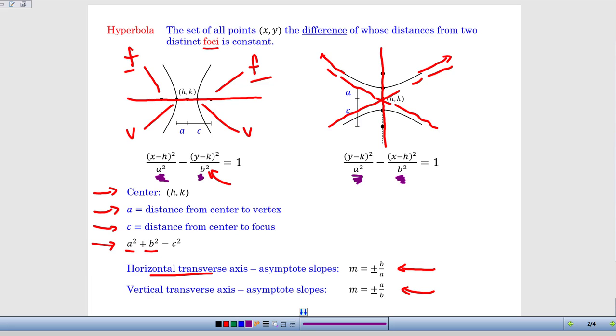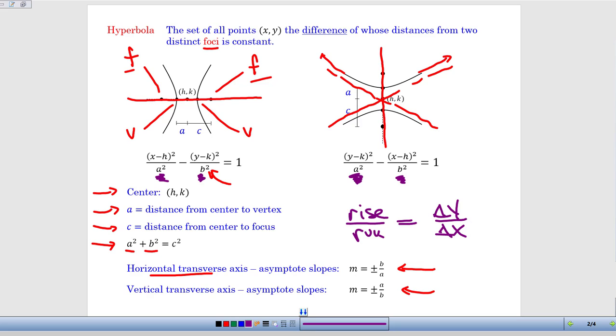And so the way I remember whether it's supposed to be b over a or a over b is, I say whatever number, the square root of which is underneath the y, is going to be in the numerator of my asymptote slope fraction, and whatever number is underneath the x is going to be in the denominator of my asymptote slope fraction. And so I think of that as like a rise over run. We know that's how we determine the slope, so that's the change in y over the change in x.